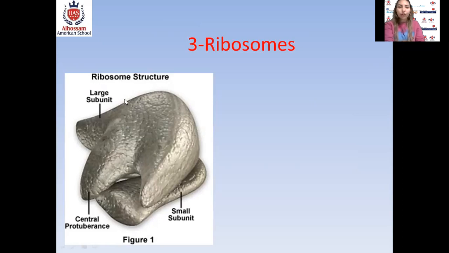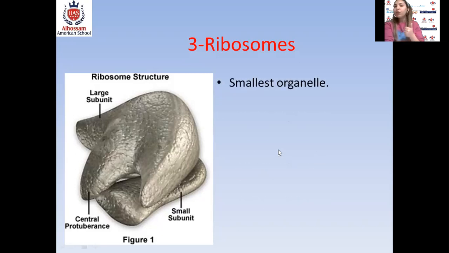It's called the large subunit, and this one is called the small subunit. They are separated in the cytoplasm and come together, connected at the period of forming proteins. So when the cell needs to make proteins, we can see the 2 parts of the ribosome come together to start making proteins. So it's the source or factory of making proteins.